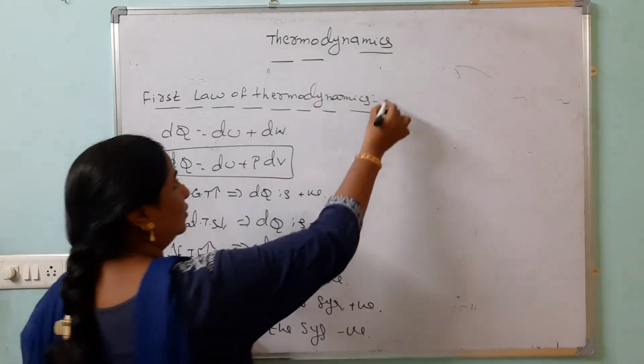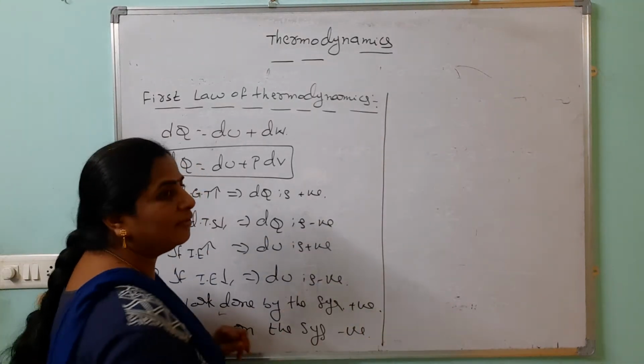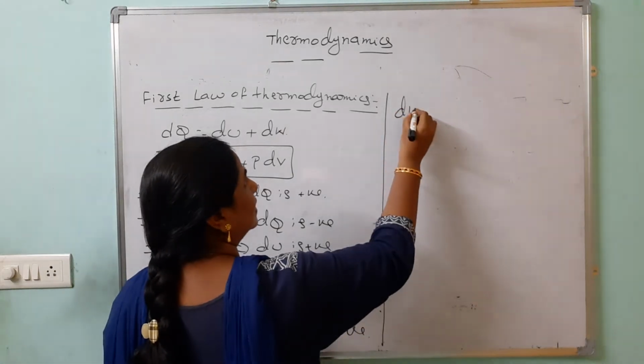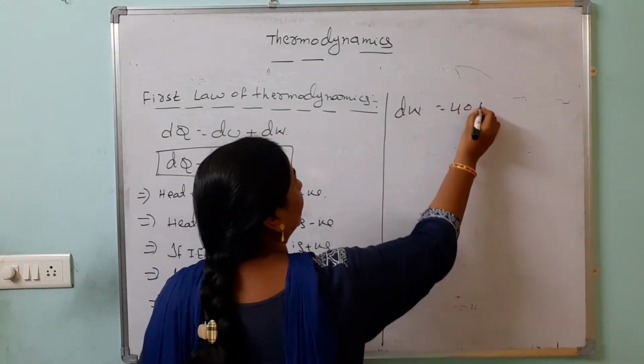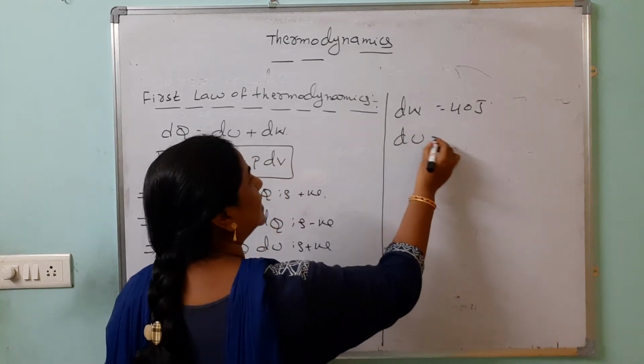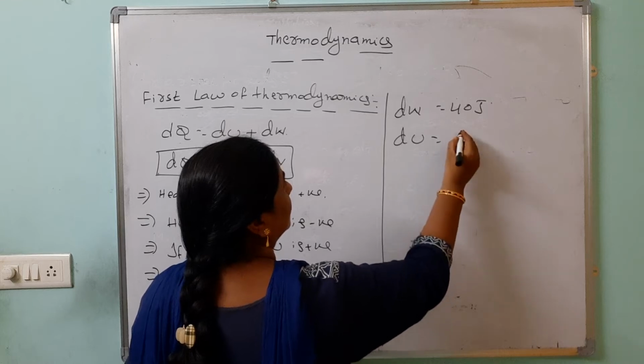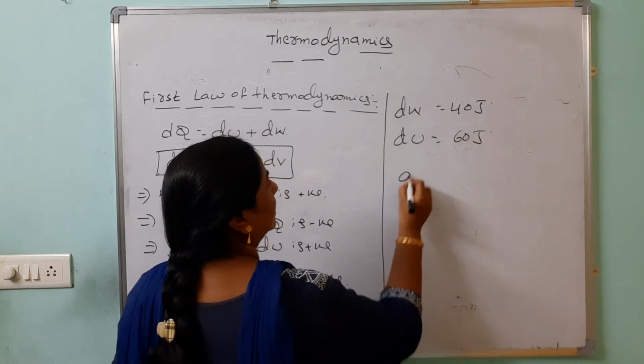Let us do one problem. We are taking one system: work done on the system, suppose dW equals 40 joules. Internal energy increases by 60 joules. Find the heat energy.